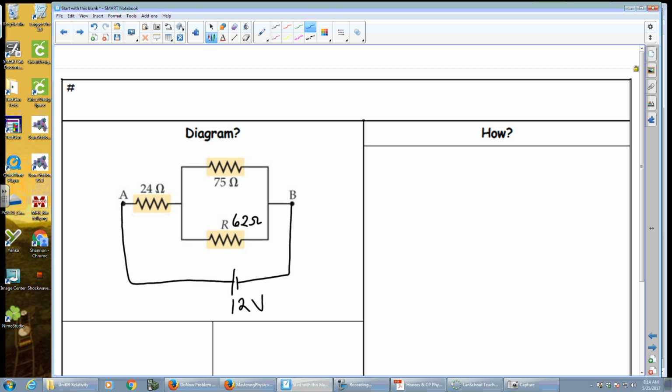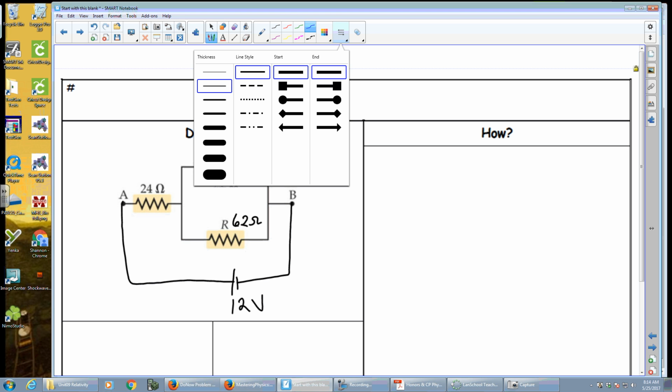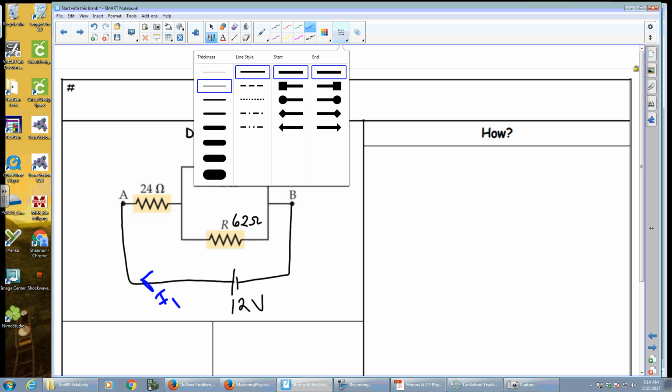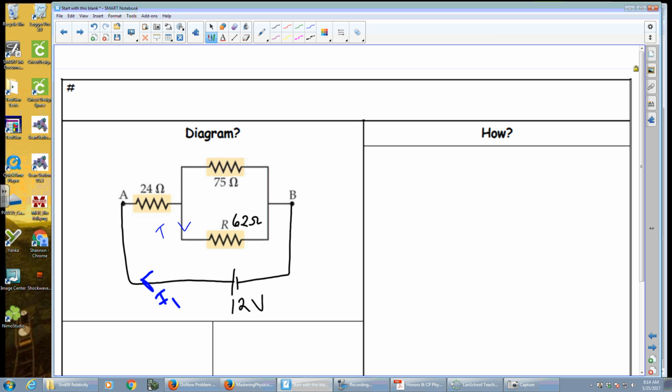So I'm just going to have I1. Why is that thicker? Shouldn't be. And then I'll say that that's I2, and I'm going to call that I3. So I'm going to have one junction equation that's I1 equals I2 plus I3. And I'm going to have 3 loops.